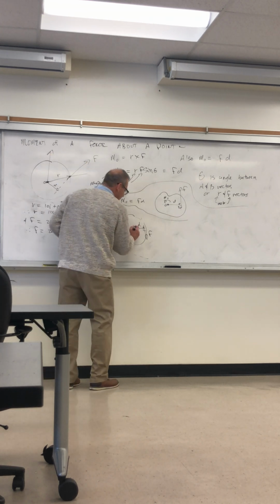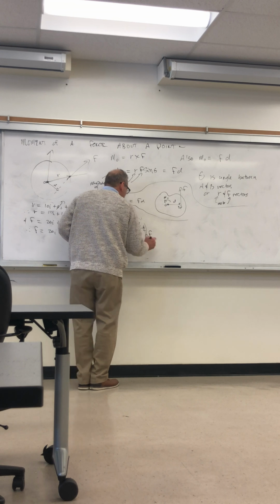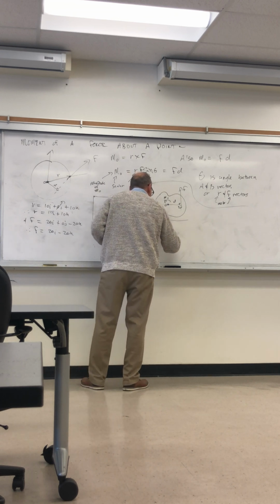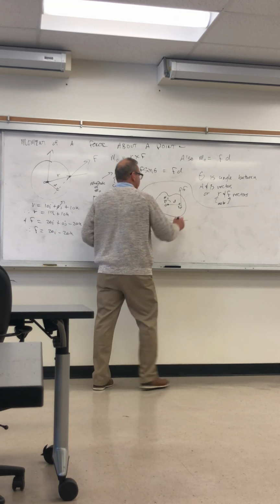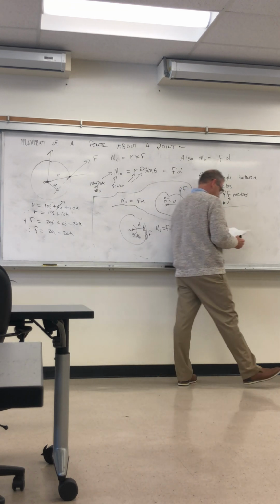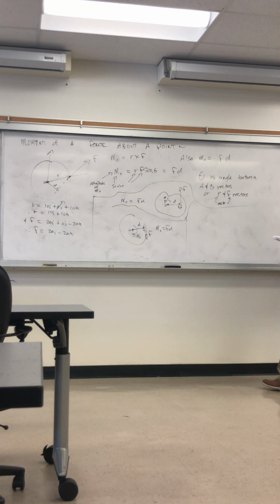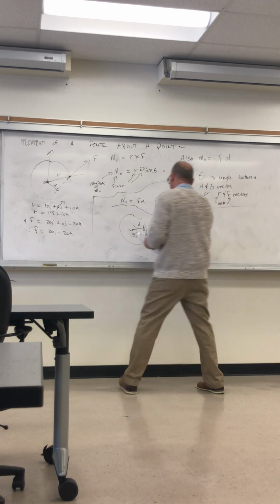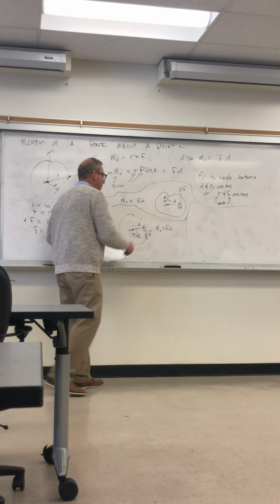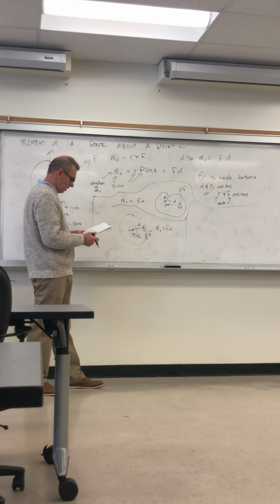And now the moment is this way, and again, M sub O is F times D. In this case, it's clockwise. In that case, it was counterclockwise, because of the direction of the forces.